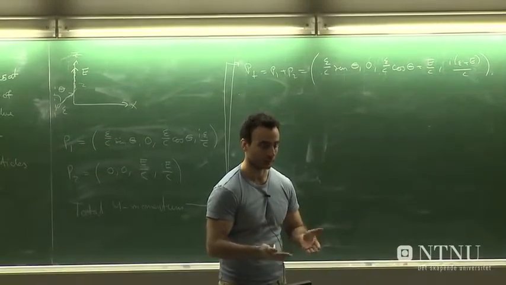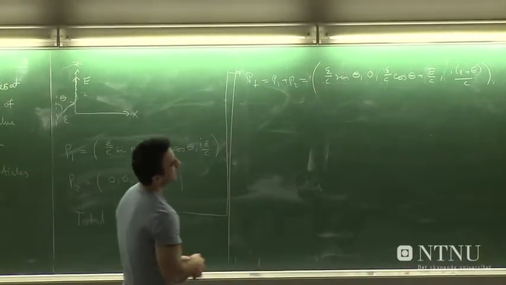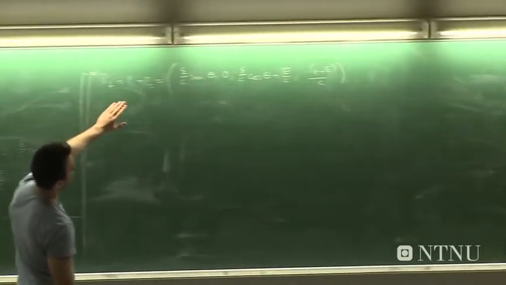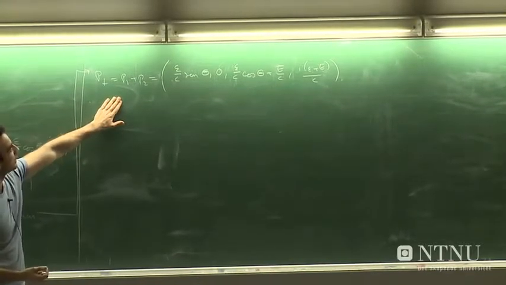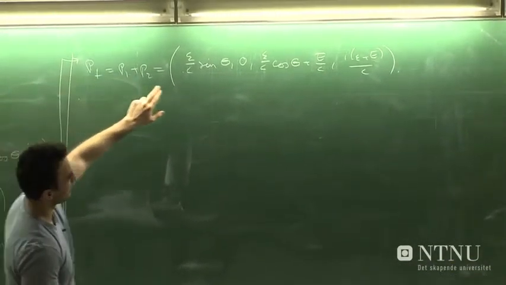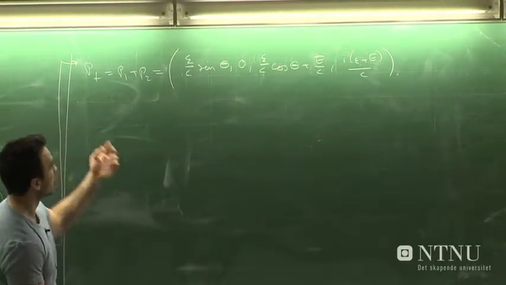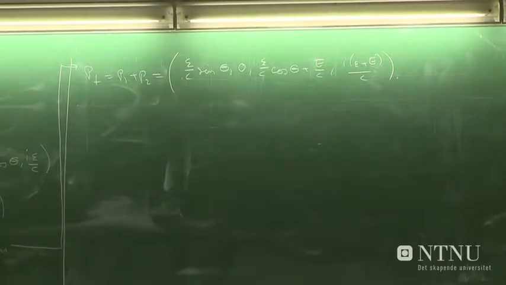So we don't have to worry about this angle at which they hit each other. Now I can accomplish this simply by choosing an inertial system, a reference frame, where the three first components of this total four momentum vector is along one axis. So I'm just rotating my system.